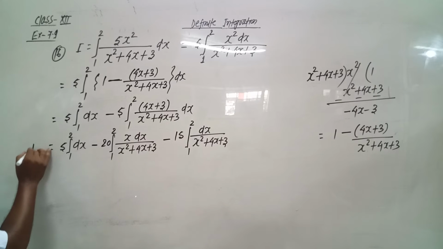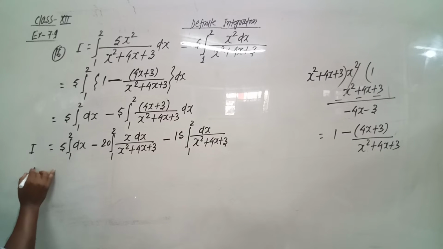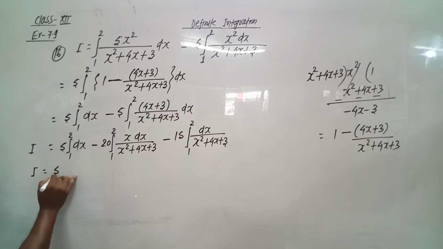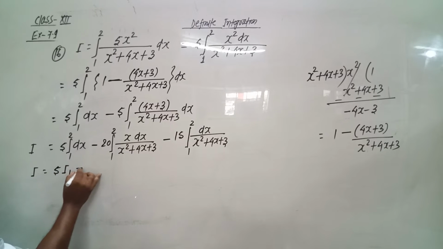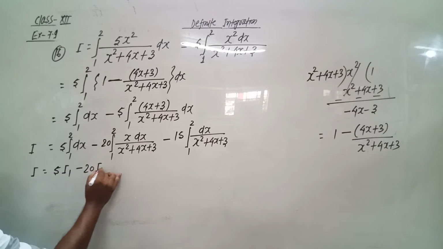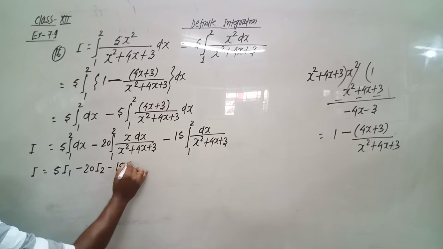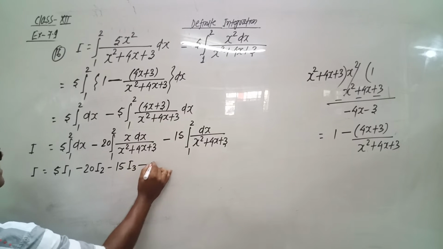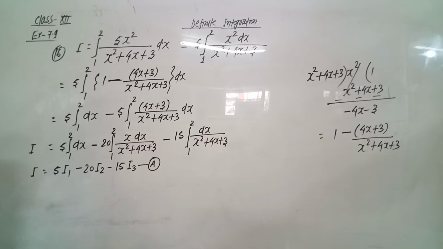This was I, so we suppose I equals 5 I1 minus 20 I2 minus 15 I3 and name it equation number 8.